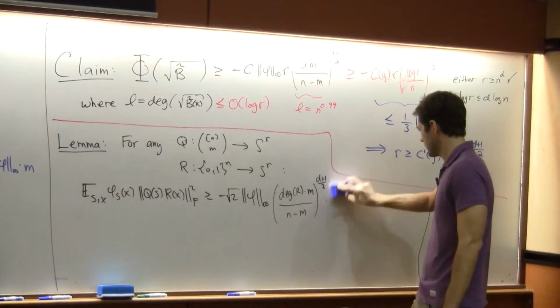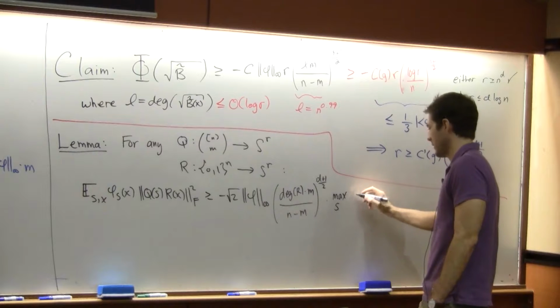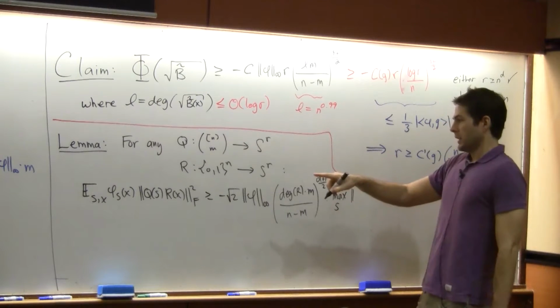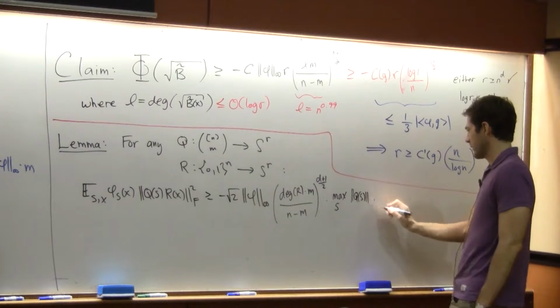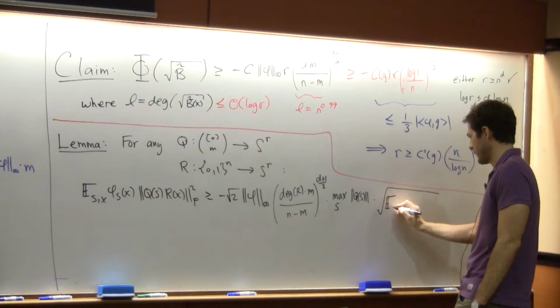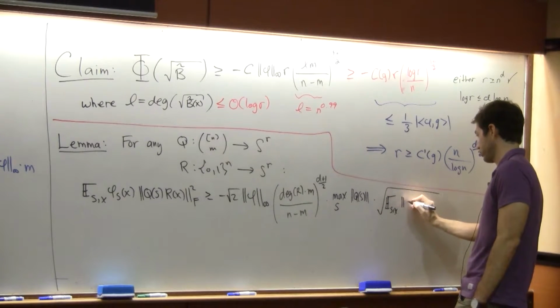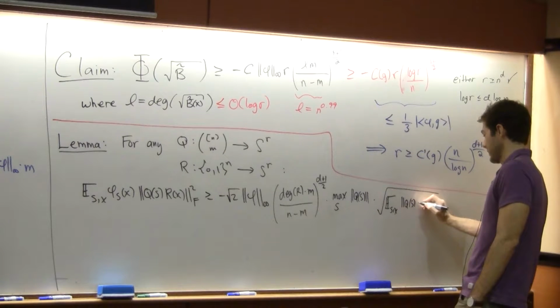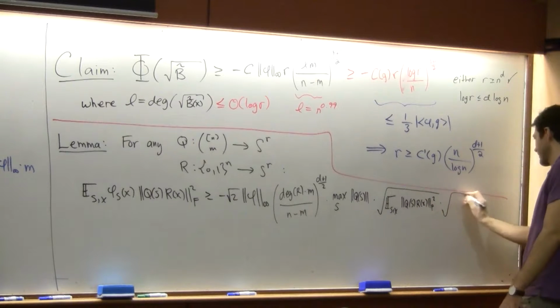Okay, and then, actually we don't need the square roots. Maximum over s of the maximum eigenvalue of qs, and then we'll have here qs r x squared, and then we'll have here, what is it?